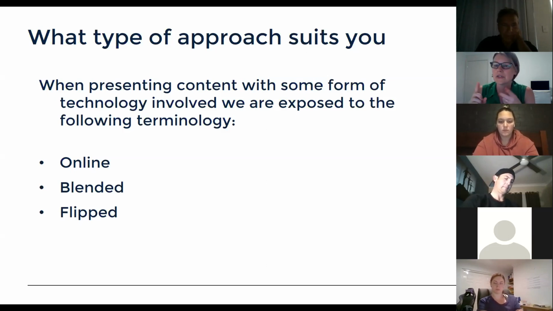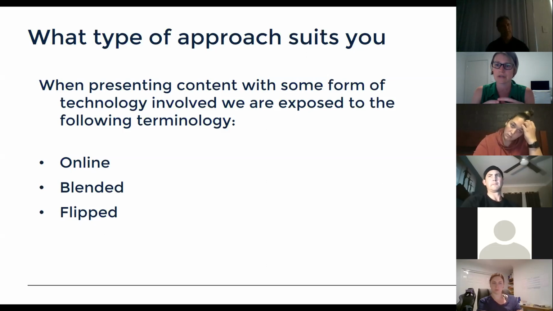This terminology, online, blended, and flipped, you'll come across as soon as you start to teach online. If we were still teaching this subject as we did last year, you wouldn't be exposed to this that much. But even in your own sessions, you have to think about whether you're going to flip some of your material.